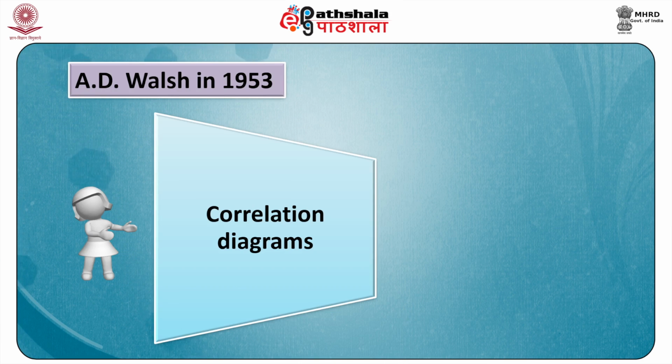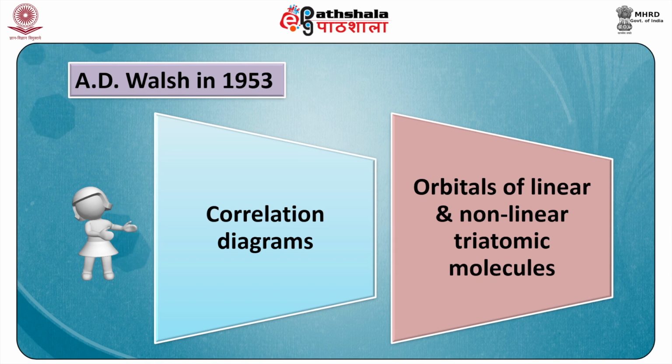Many theoretical models have been developed to understand the geometrical arrangements of molecules or the shapes adopted by polyatomic molecules in their ground as well as in their excited states. A. D. Walsh in 1953 gave correlation diagrams which were plotted for the orbitals of linear and non-linear triatomic molecules.